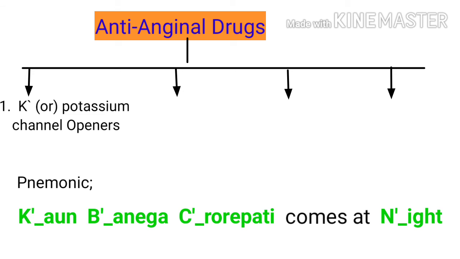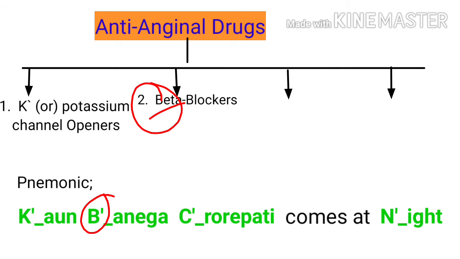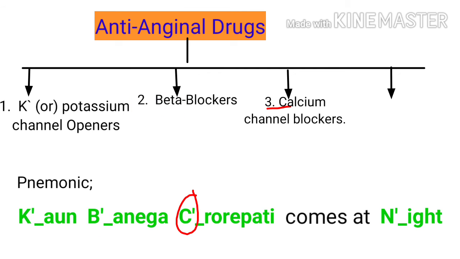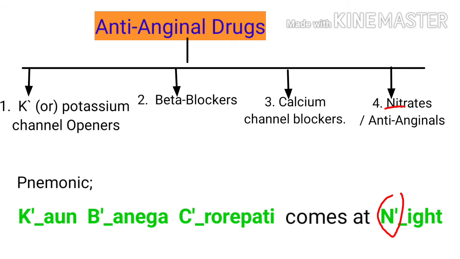Here K for Kaun, also K for K plus ions, potassium or potassium channel openers, and B for Banega, B for beta blockers, C for Crorepati and C for calcium channel blockers, and N for night and also N for nitrates or anti-anginals.